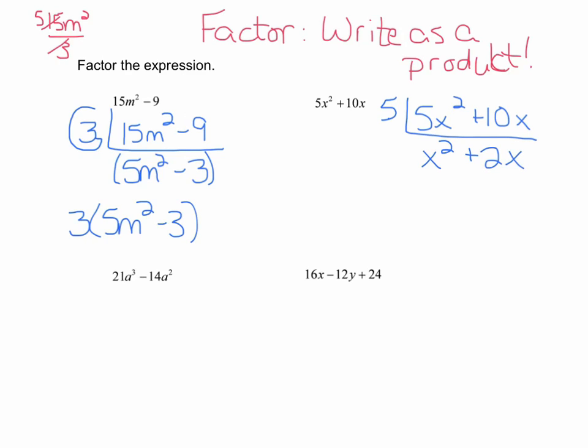Well, now notice, I have an x squared and an x. That's common, right? And we're looking for the greatest common factor. So what can I take out? What is common to both of these? How many x's is common to both? Well, this has a single x, and this has x squared. So the only thing I can take out is the smallest exponent.